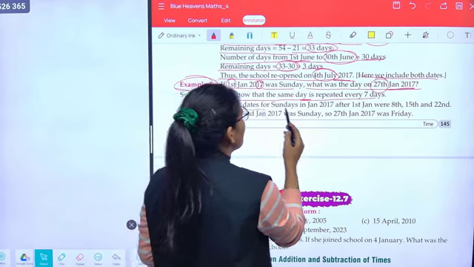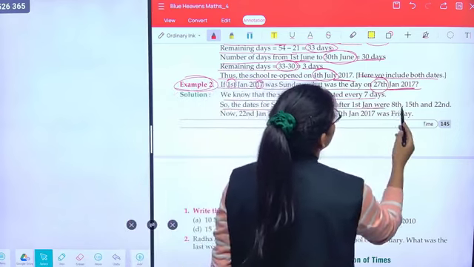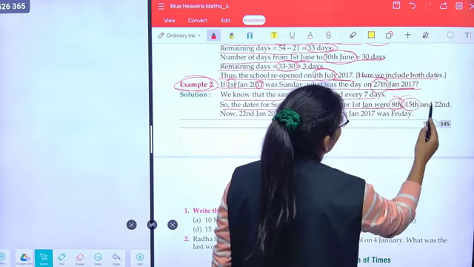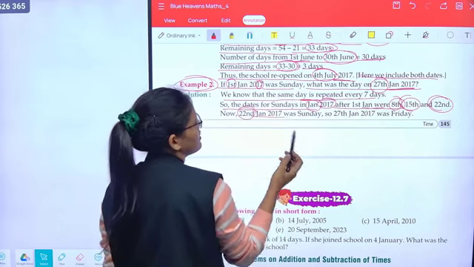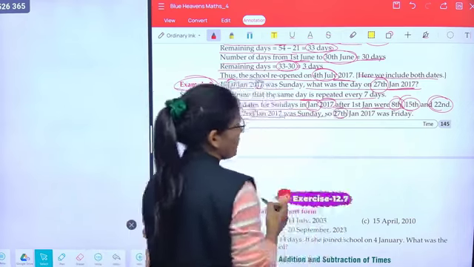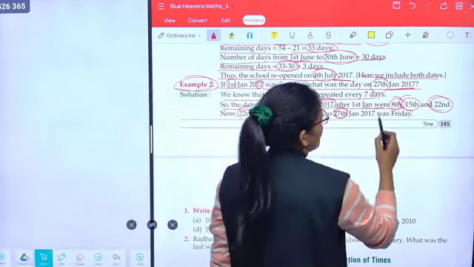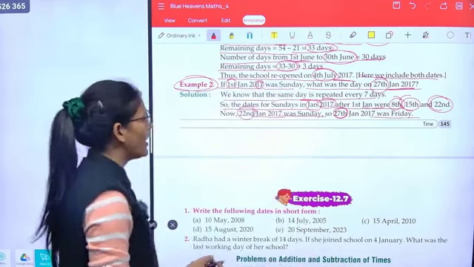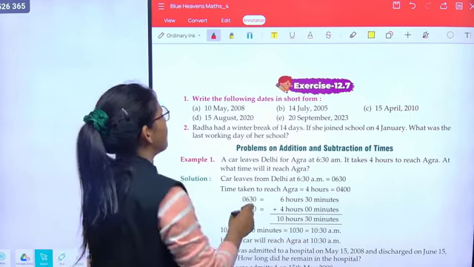So the dates for Sunday in January 2017 after 1st January are 8th, 15th and 22nd. Now 22nd January 2017 was Sunday. So 27th January 2017 was Friday.